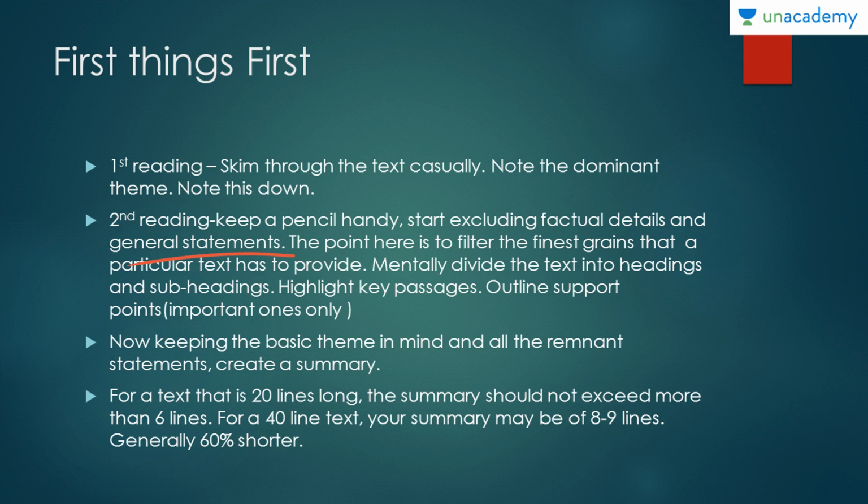The point here is to filter the finest grains that a particular text has to provide. Mentally divide the text into headings and subheadings, highlight key phrases and outline support points, only important ones. Do not include every point that you find relevant. Everything is not relevant. Only use the most important ones in a summary.